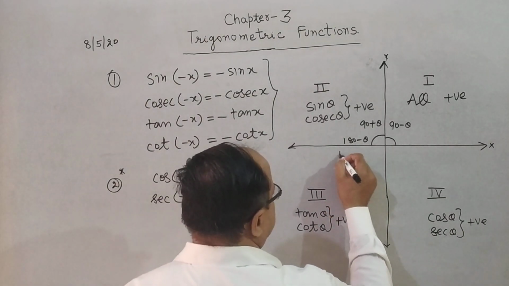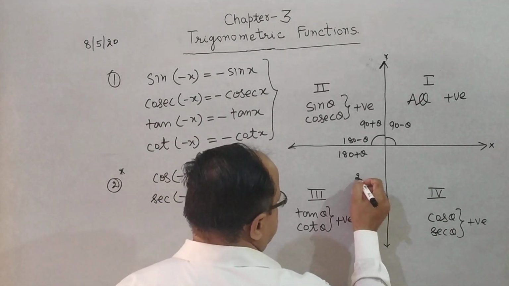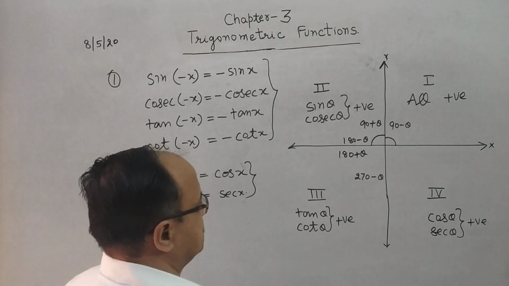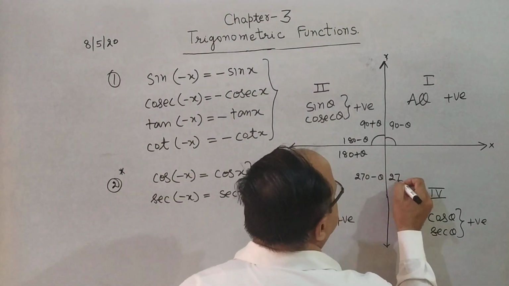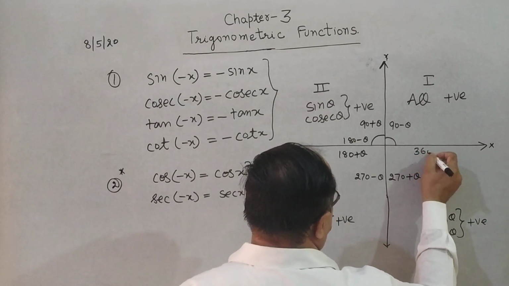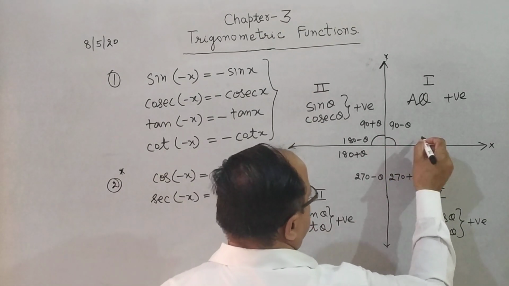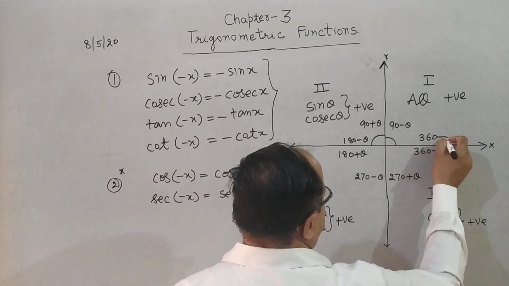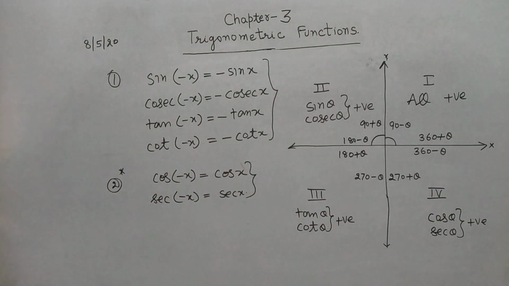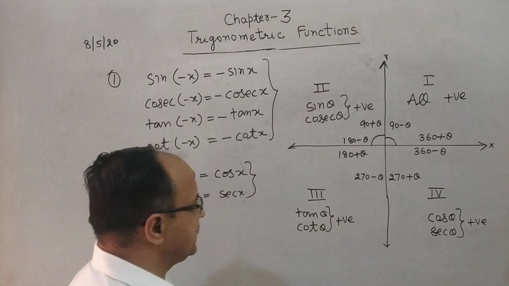But in third quadrant 180 plus theta and 270 minus theta. And in fourth quadrant 270 plus theta or 360 minus theta. But when one cycle is complete, then 360 plus theta goes in quadrant number 1.